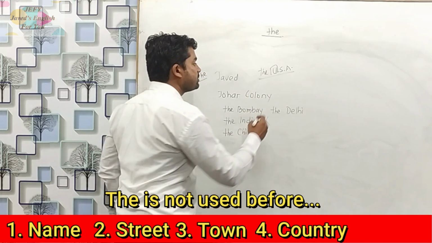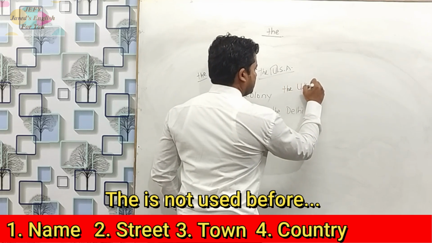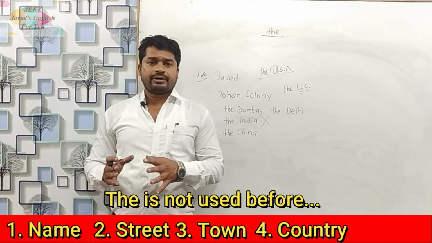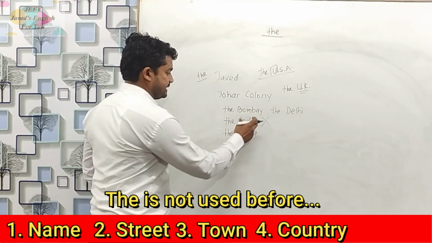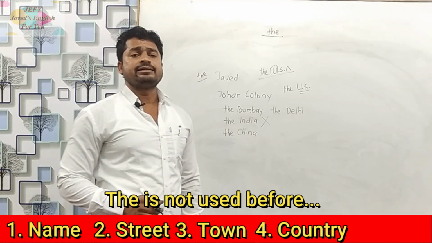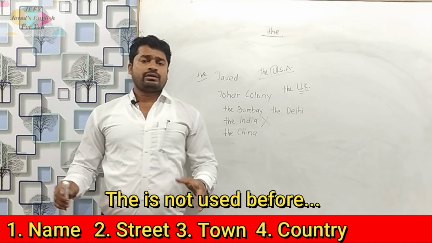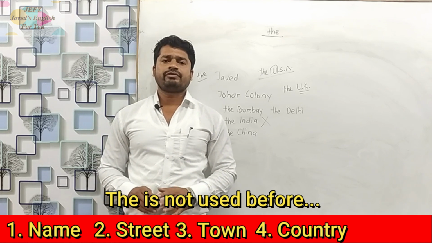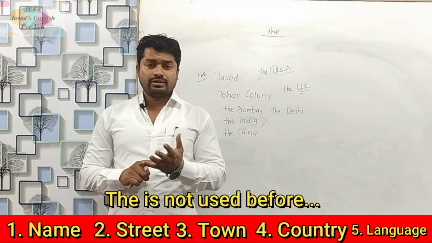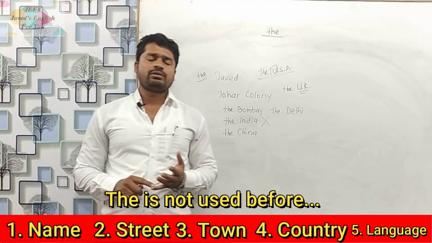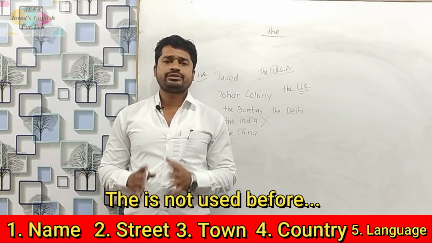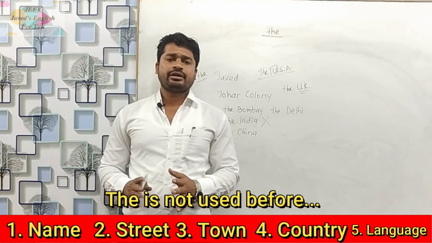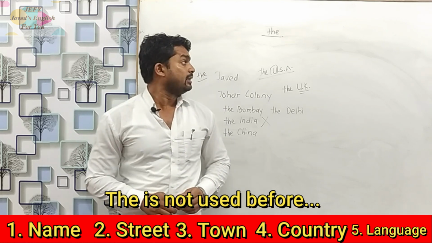The UK, we can also say the UK, United Kingdom, the United Arab Emirates, in this way. But before the name of like India or China, we cannot say this article. And one last thing, you cannot say this article before the name of any language in the world. The Hindi, the Urdu, the Marathi would always be wrong. You have to say Urdu, Hindi, Marathi and English in this way. Articles can never ever be put before the name of languages.